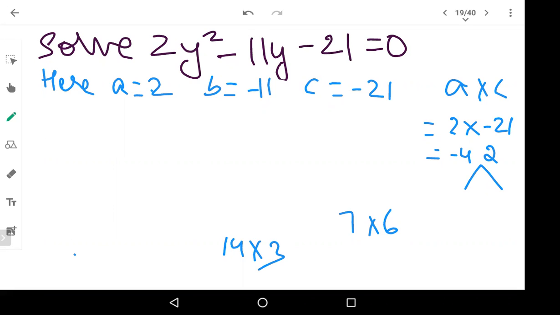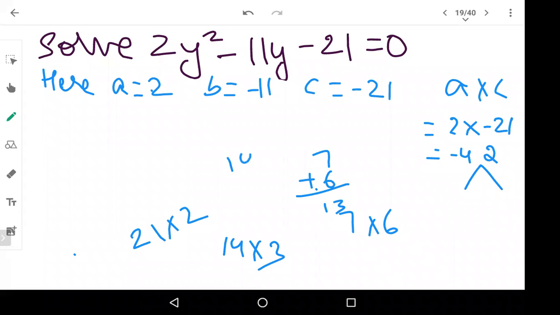And then 21 into 2, as usual. So these are the factors that we get. We have 7 into 6, but 7 plus 6 you get 13. We don't get 11.